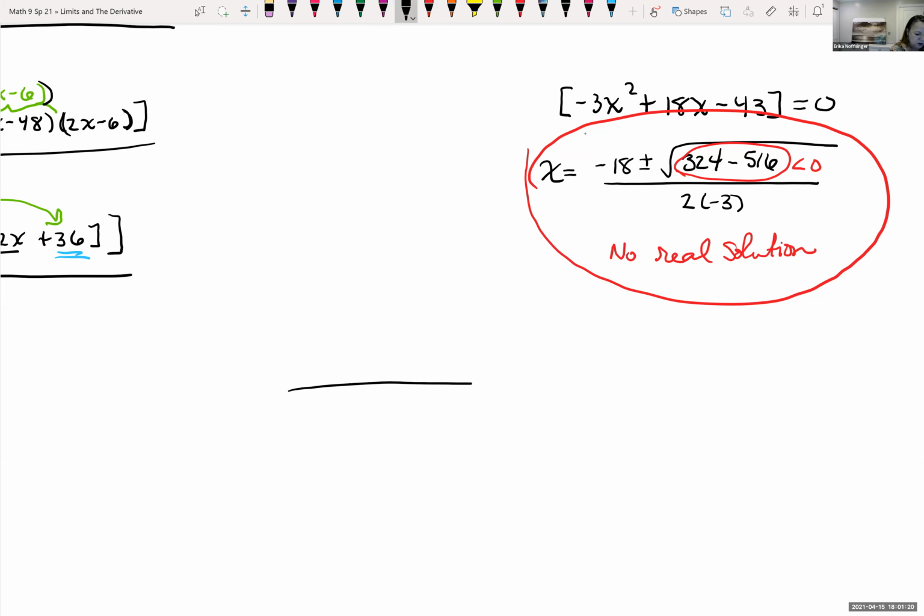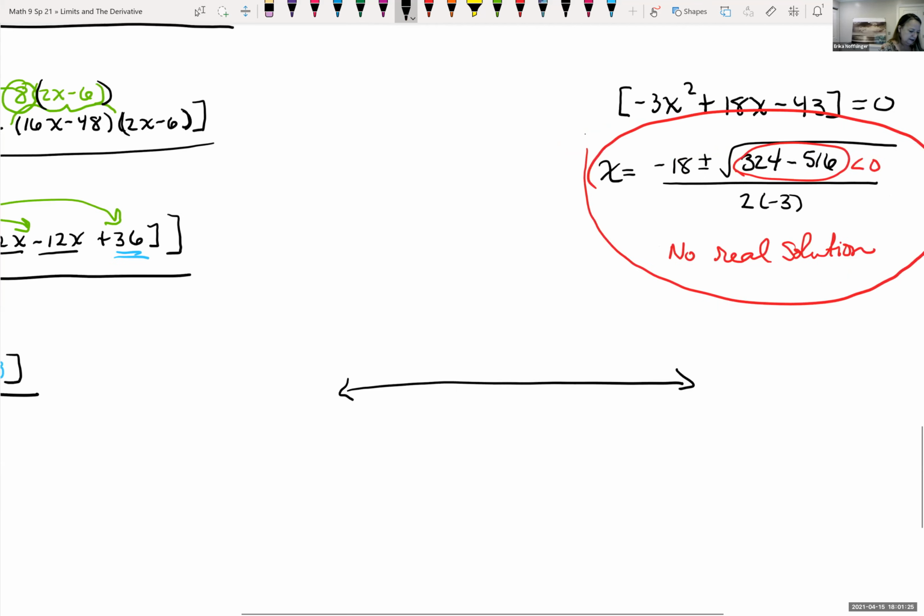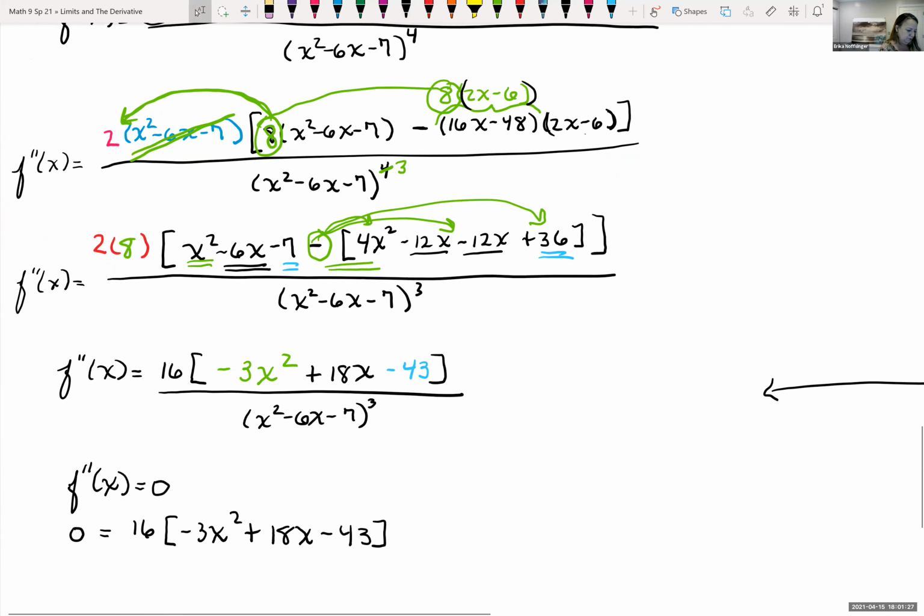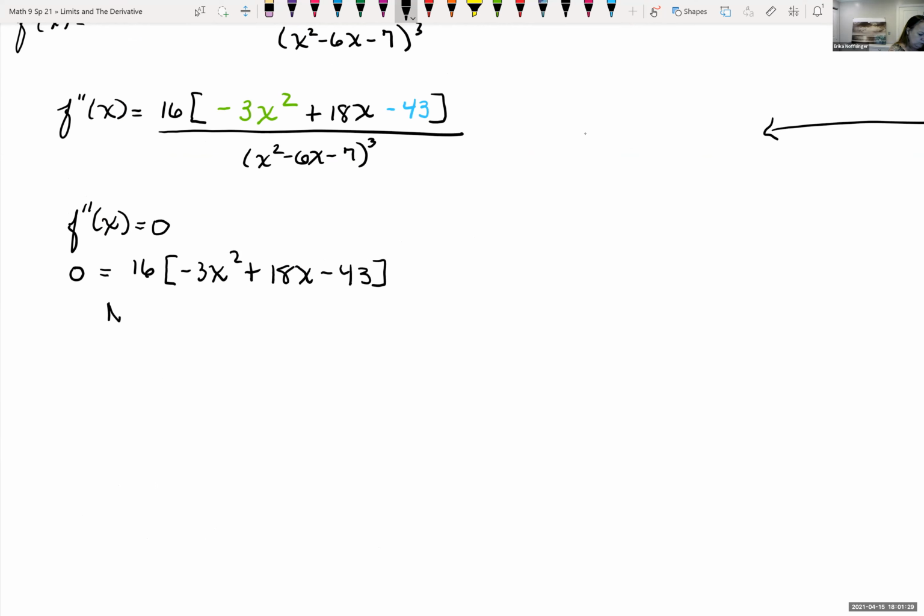So really, we're only worried about where it's undefined. It's undefined in the same place it was undefined before, when the denominator is 0.